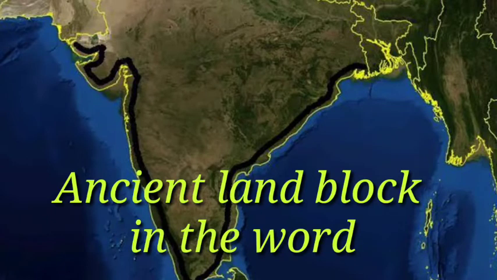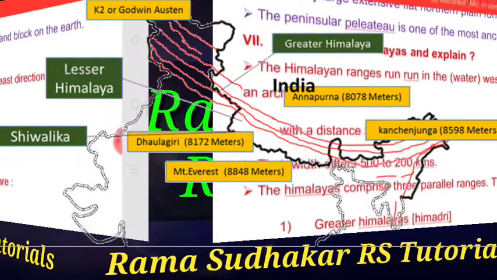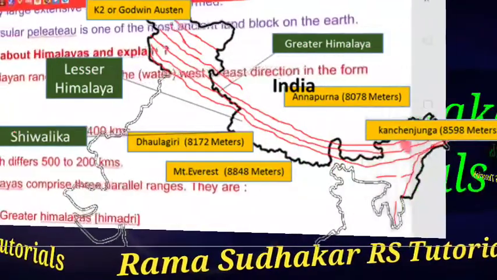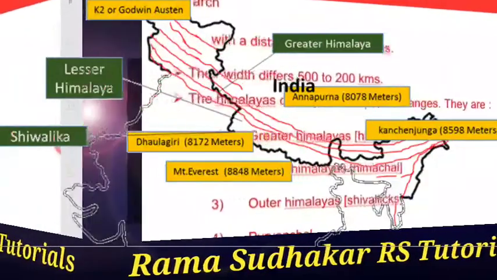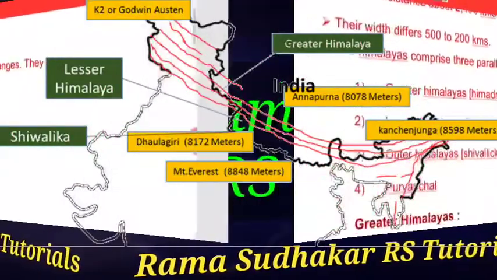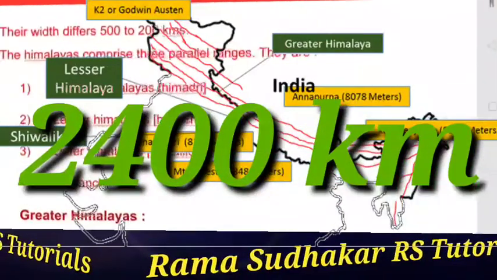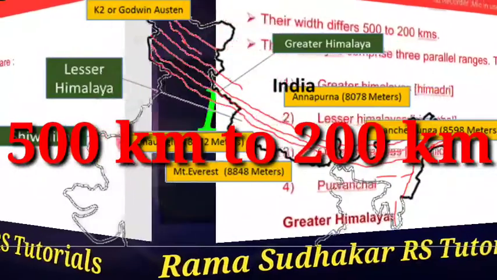Now we'll discuss Himalayas-related matters. The Himalayan ranges run in the west to east direction in the form of an arc with a distance of about 2400 kilometers. The width differs from 500 kilometers to 200 kilometers. The Himalayas comprise three parallel ranges.